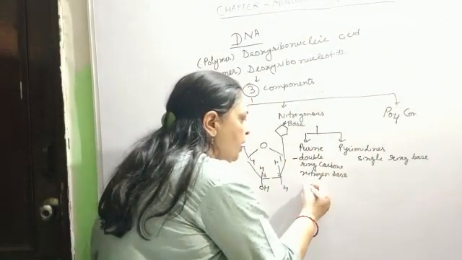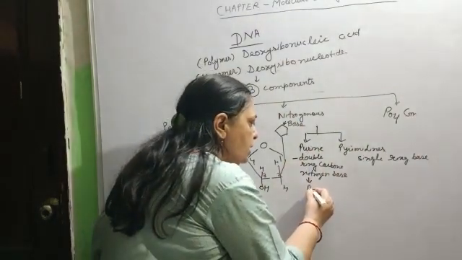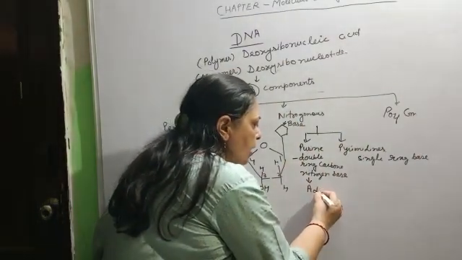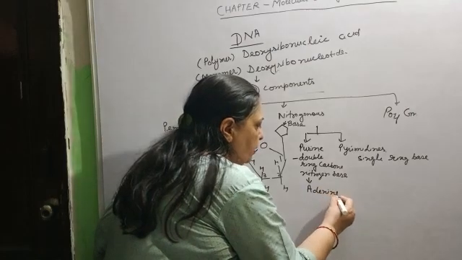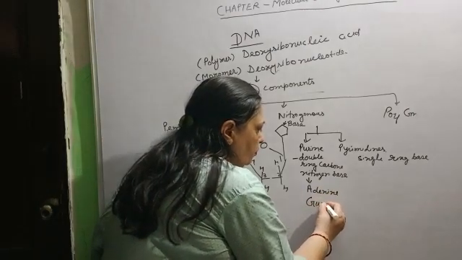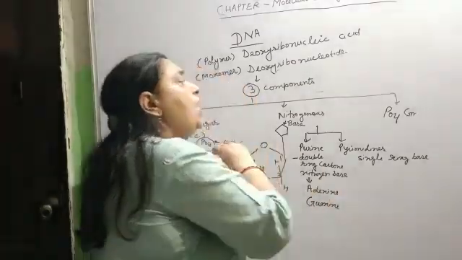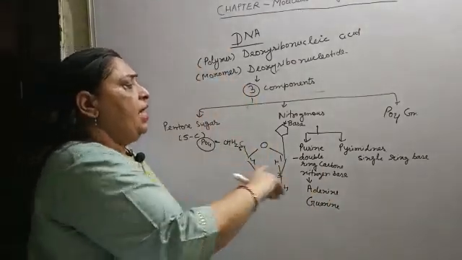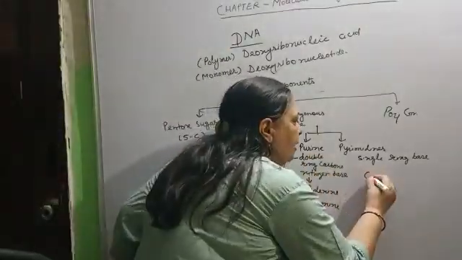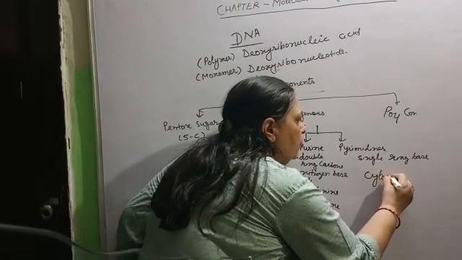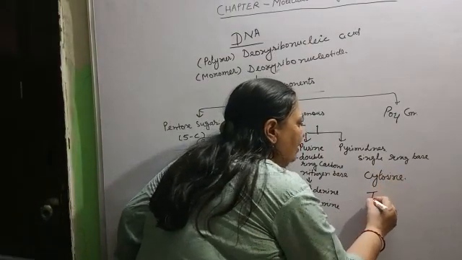Now the purines are adenine and guanine. In case of DNA, the pyrimidines are cytosine and thymine.